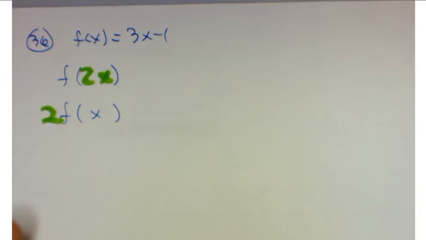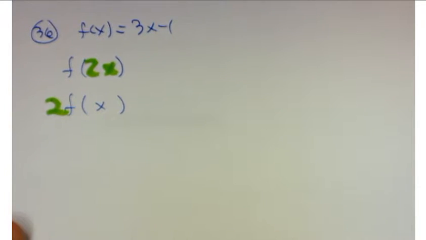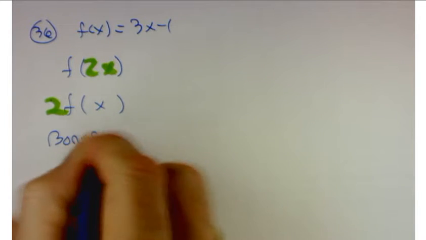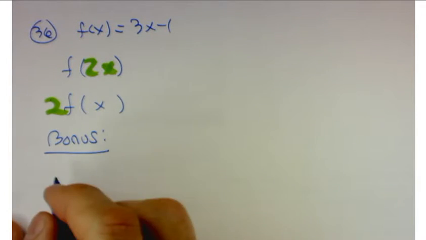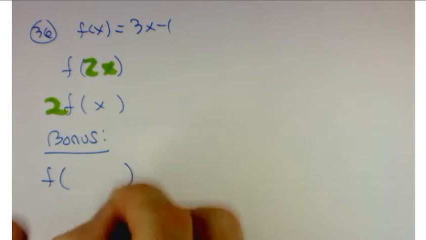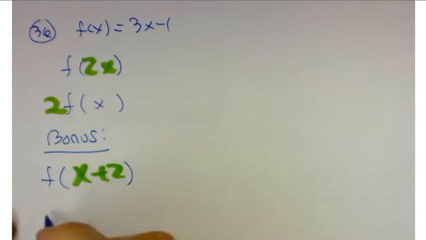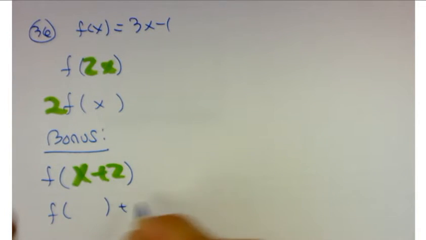And then I want 2 times f of x. And I'm going to do a couple bonus problems for us as well. So not necessarily in the book. F of x plus 2 and f of x plus 2.